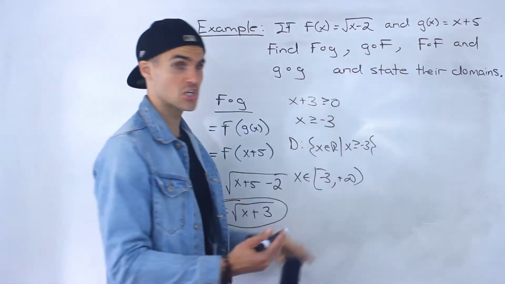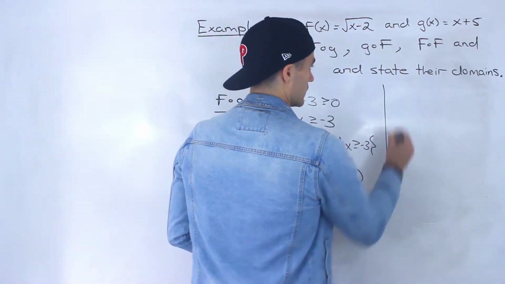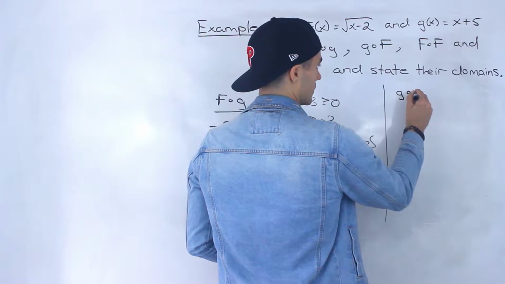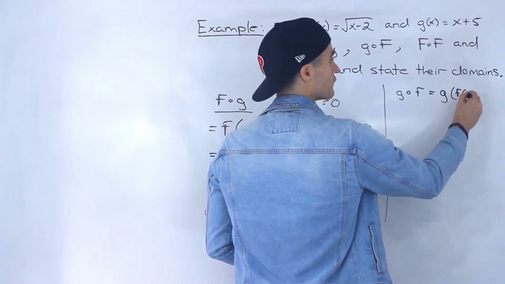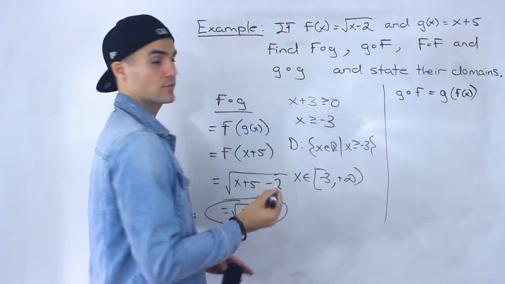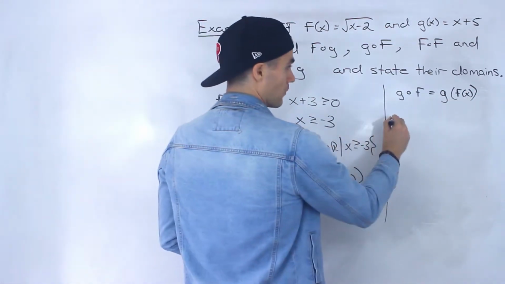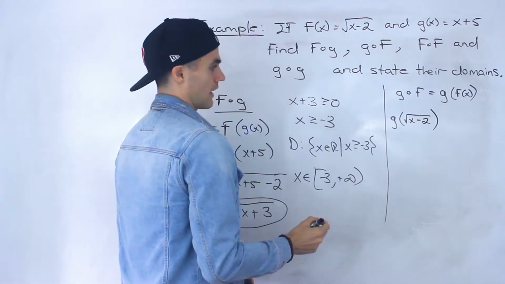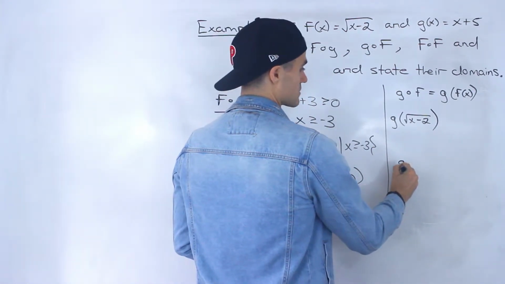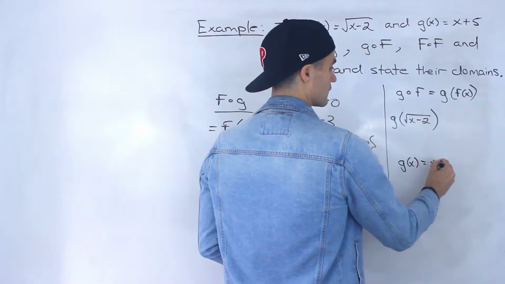So here we've got g of f. If we have g open dot f, that's the same as g of f of x. Both of those mean the same thing. So what we would have is g of, what's f of x? Square root of x minus 2. And notice that g of x equals x plus 5.